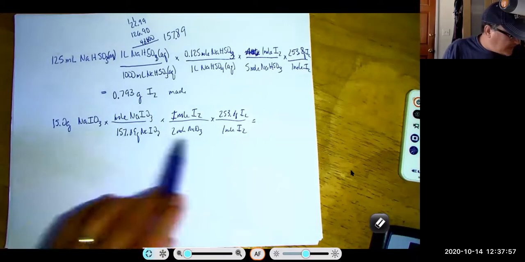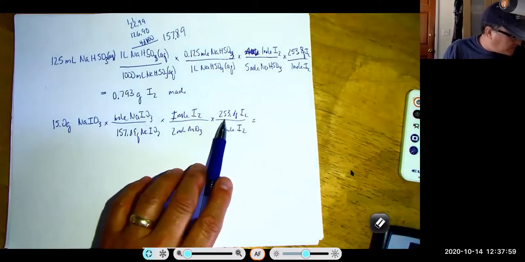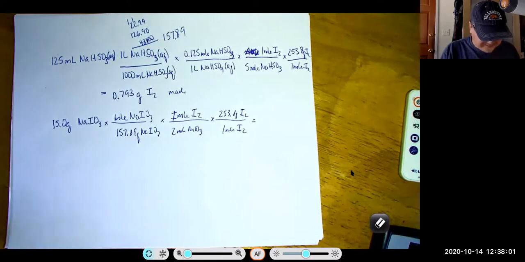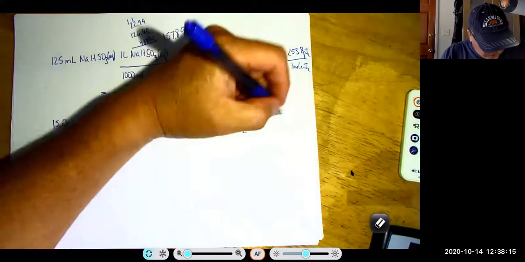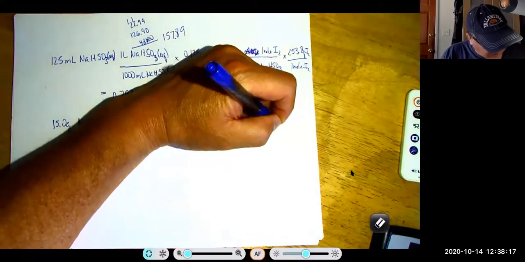That'll go into that almost 2 times. So the answer should be a little less than 15. So we get 12.0 grams of I2.